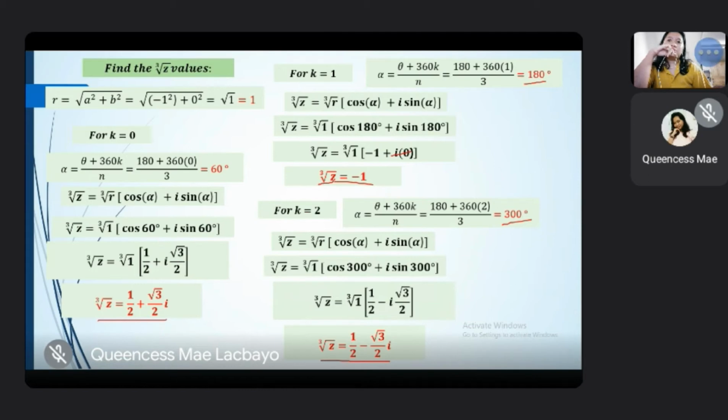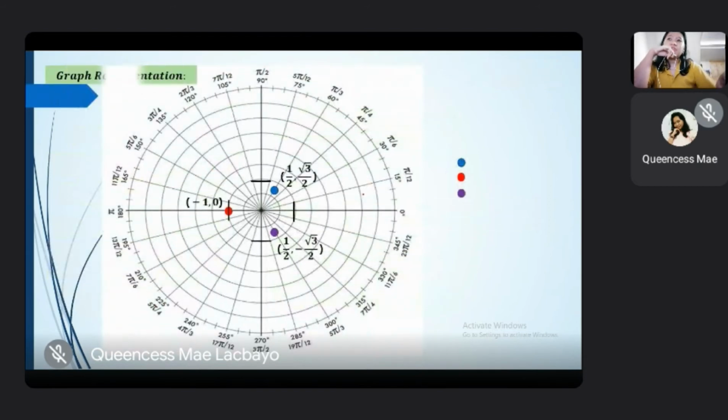So, those are the three answers. With these answers, we can get the coordinates for graphing. Here is the graph representation. My legend: k equals 0 is blue, k equals 1 is red, and k equals 2 is violet. As we can see here, this is the Cartesian plane with the unit circle.